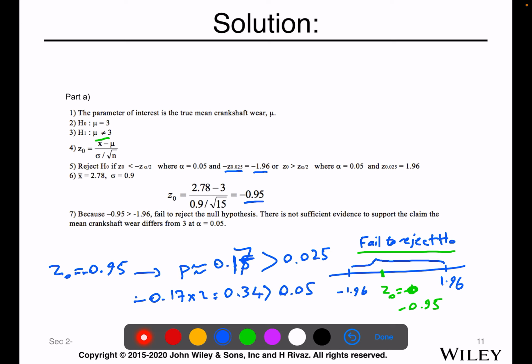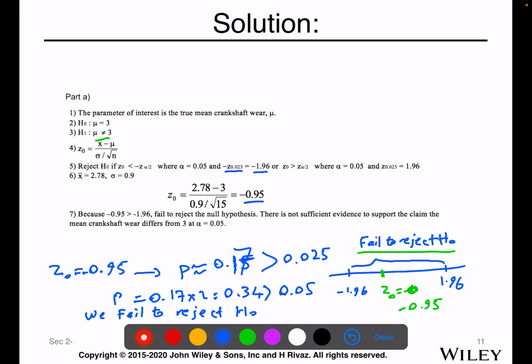And because of this, this is the p-value. So we fail to reject H0.